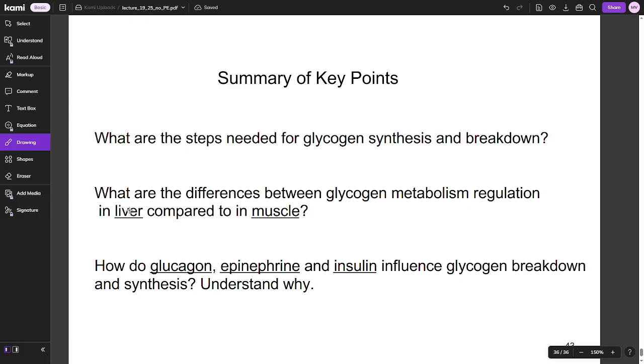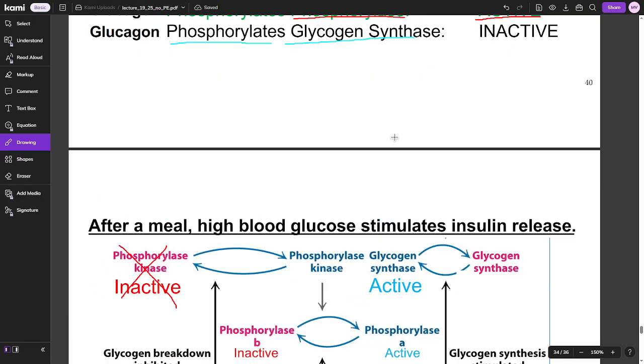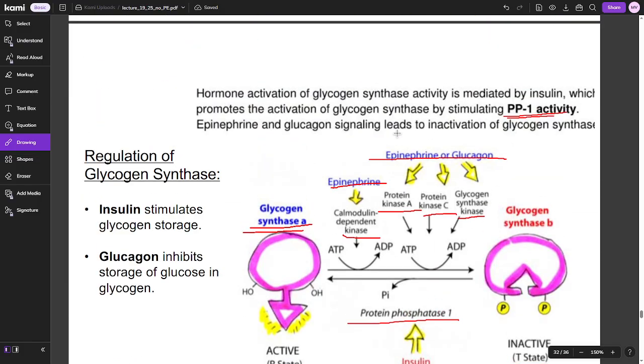And then you need to be able to differentiate between the liver and the muscle, which we already talked about up at the top. How does that work? Glycogen metabolism in the liver leads to the release of glucose into the blood, while in the muscle it leads to glucose being kept for itself, so it can perform more cellular respiration.